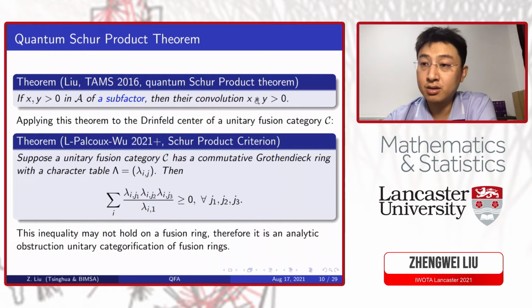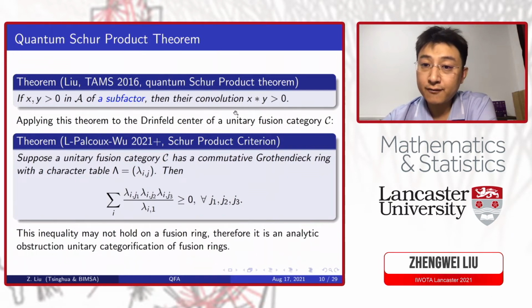It's no longer the Hadamard product. But still, in the quantum setting, we can show, for the algebras coming from a quantum symmetry like subfactors or quantum groups of the examples we mentioned above, once we have two positive operators, their convolution is positive. And this is more or less equivalent to the Young inequality for the case p, q, r equal to 1.